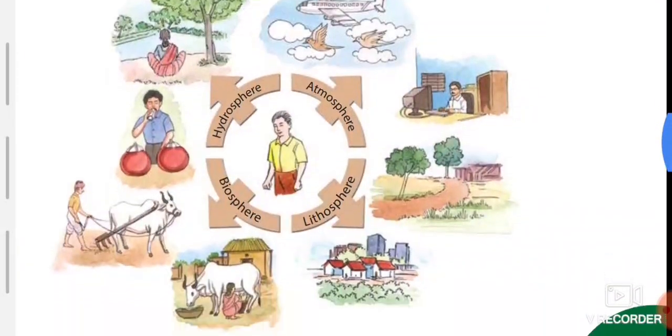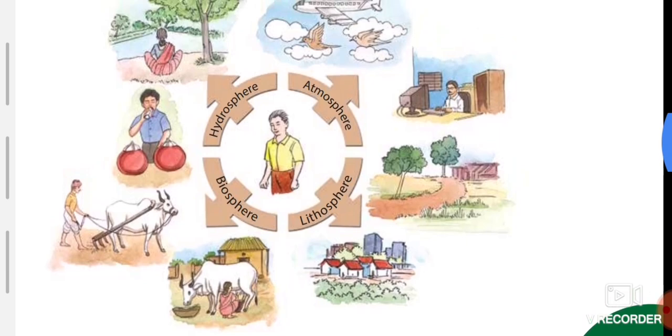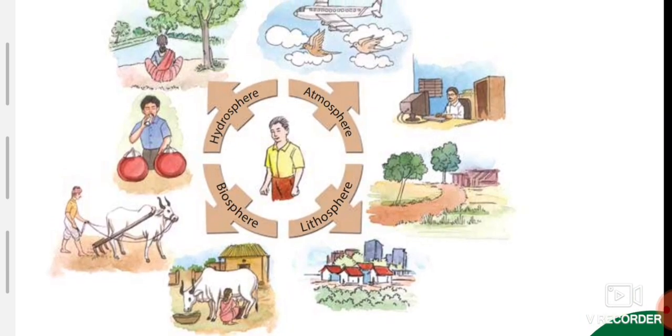So this is a so beautiful picture of human life and spheres. 4 spheres of Earth. And because of the 4 spheres, our life can be easily sustained. Hydrosphere, atmosphere, lithosphere and biosphere.